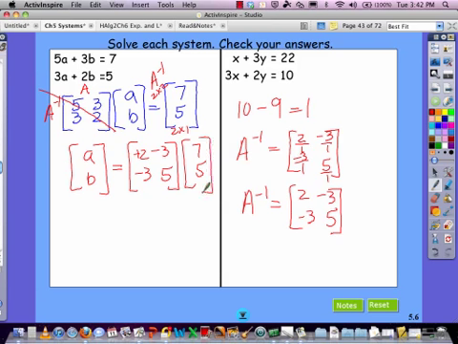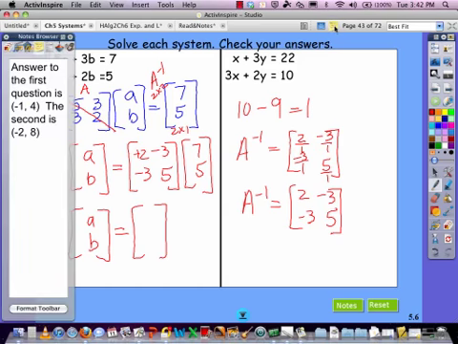So if I multiply this out, and that's your job at this point, I should get a 2 by 1 matrix that represents my A and B values. Checking: we should have gotten a negative 1, 4 on the first one and a negative 2, 8 if you solve the second one. Right?